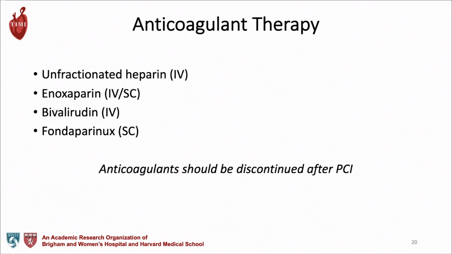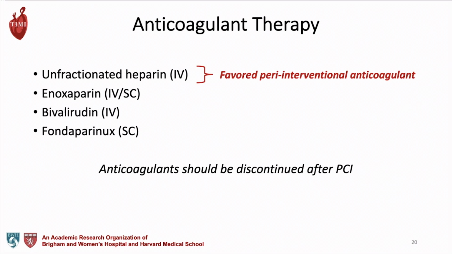So anticoagulant therapy, as I mentioned, is also important. The 4 agents that have been studied and are used in this context are unfractionated heparin, low molecular weight heparin like enoxaparin, bivalirudin, and fondaparinux. And in general, guidelines tend to favor unfractionated heparin, sort of the old sturdy tool that's been around for a long time.